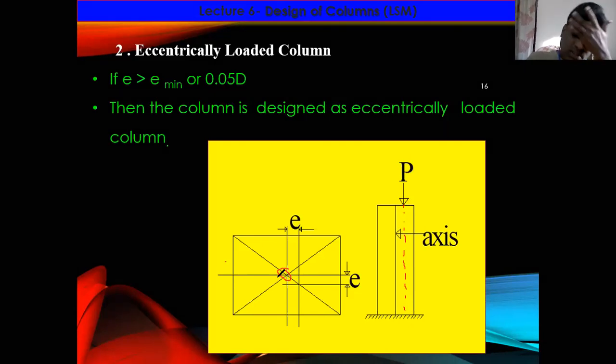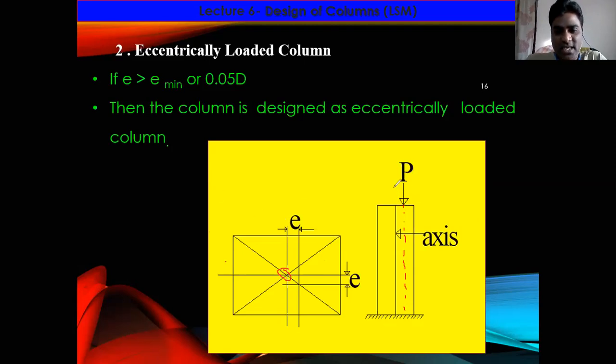Then what is the difference from a structural point of view? If it is an axially loaded column, then only compression will occur, right? But if the column is eccentrically loaded, there is a moment, because you design related to the load acting on the member.